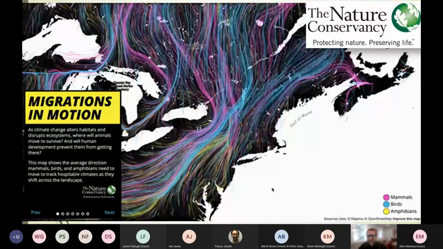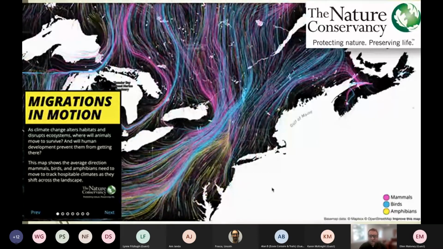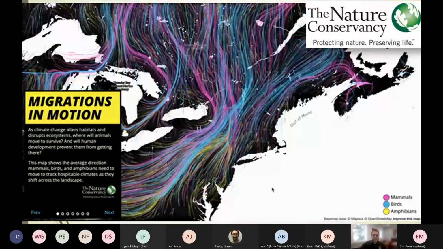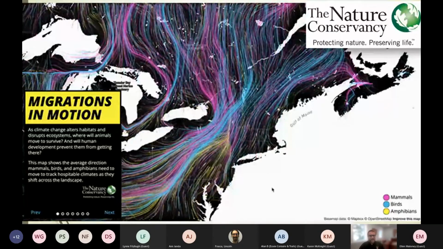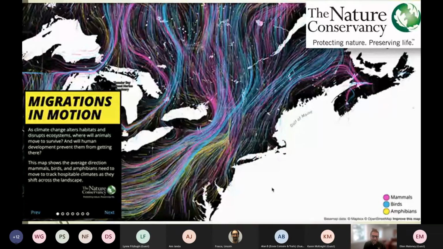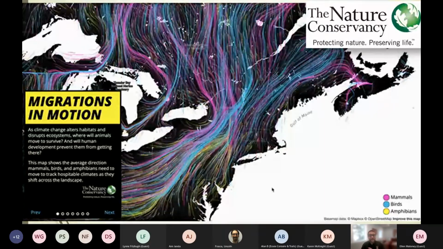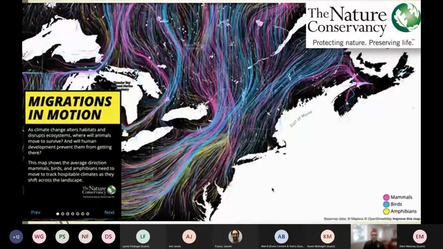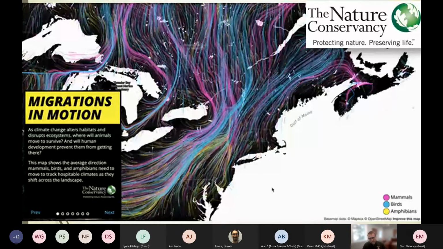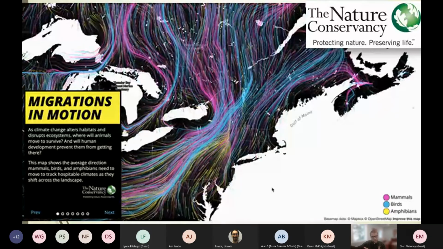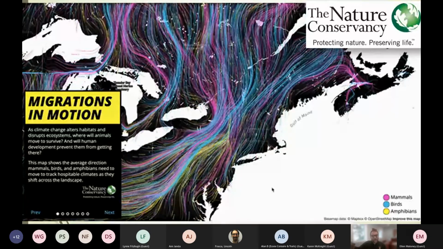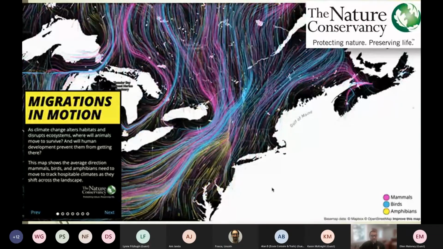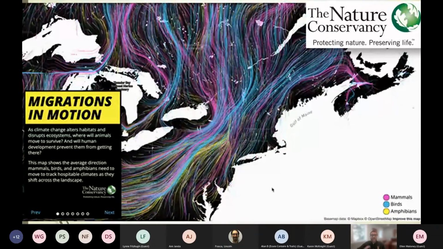Now, this map shows the average direction that mammals, birds, and amphibians need to move to track hospitable climates as they shift across the landscape. And please see how much of that is funneled through the Northeast and through Vermont. So we're seeing this with climate change, this increased pressure to move, and yet forest fragmentation limits those connections for animals to connect the blocks.